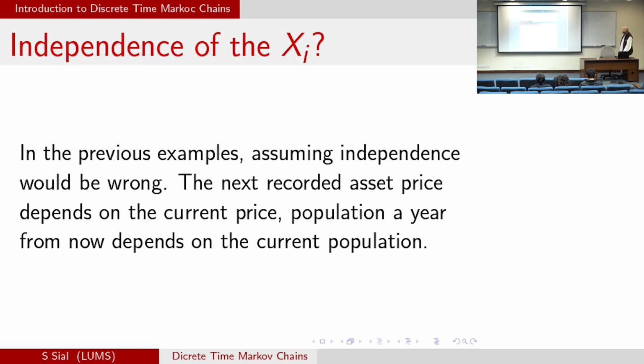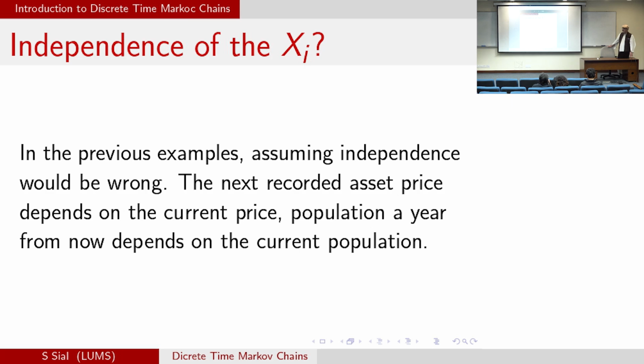Now, are these xi going to be independent? Well, in some cases you could come up with examples in which they would be. But in the examples that we've given, assuming independence would be wrong.